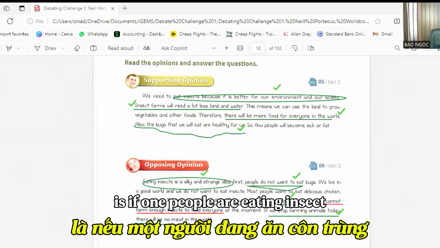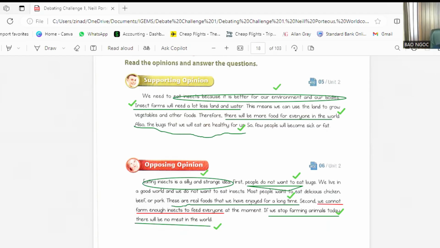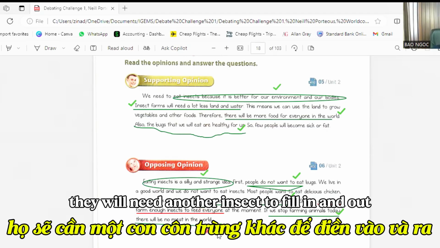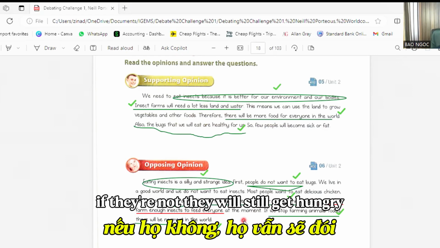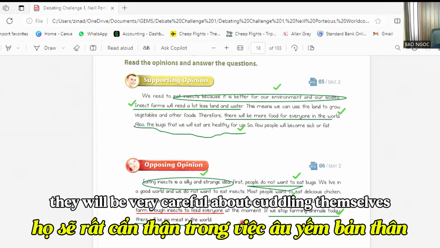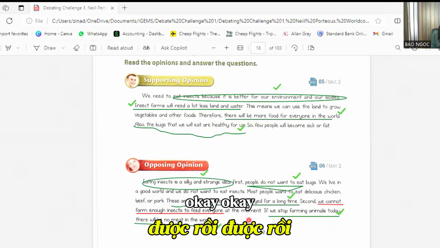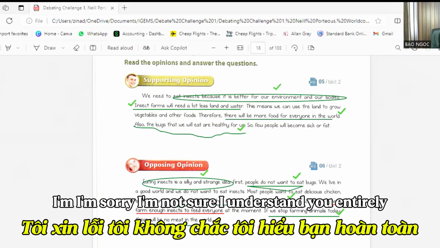If one people are eating insects, they will need a lot of insects to fill their stomach. If not, they will still get hungry. And also they will be very careful about poisoning themselves. Okay. I'm sorry. I'm not sure I understand you entirely.